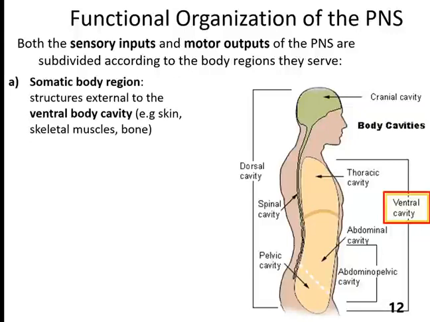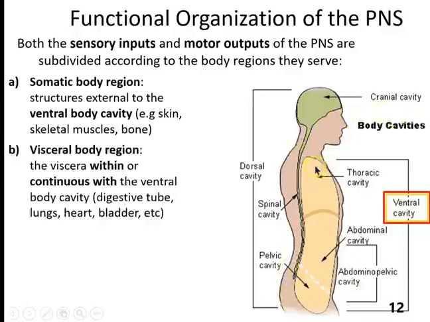So the somatic body region is external to the ventral body cavity. So if this is the ventral body cavity, you're familiar with it, thoracic, abdominal, pelvic. That's where we have what we call our visceral organs. So the somatic body region is everything outside of that.